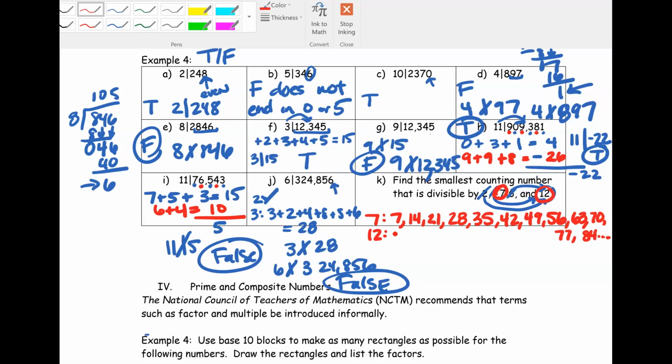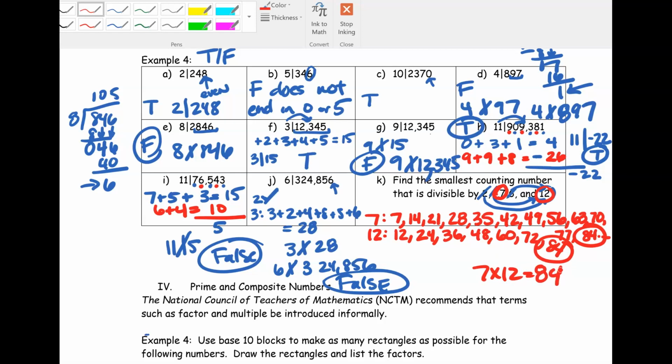So with 12, we've got 12, 24. 12 times 3 is 36. 12 times 4 is 48. 12 times 5 is 60. 12 times 6 is 72. So I'm looking for a number that they both have in common as a multiple. So far I don't have any. 12 times 7 though is 84. Is that a coincidence? Not really, because 7 times 12 is 84.